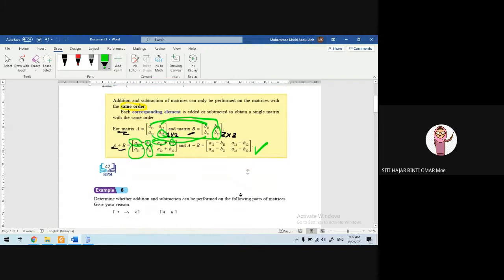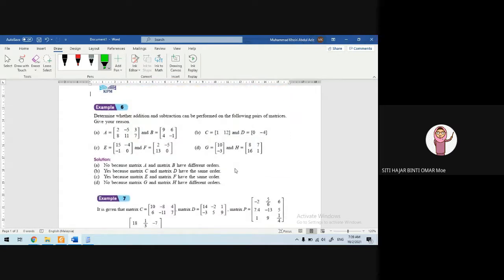Now we go to example 6. In example 6, the question asks you to determine whether addition or subtraction can be performed. So remember, we need to make sure that the matrices are of the same order. Now we check A and B. A has two rows and 3 columns, so the order is 2 by 3.